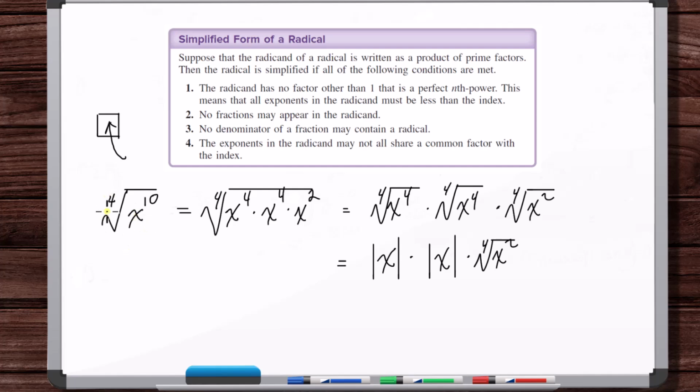But whenever you go to return the answer, you would say, just output what the person inputted. Well, then if you didn't have the absolute value, it could come out as negative. That's not correct. You're never going to have a negative value come out of a principal 4th root, a principal even root. That would make no sense. So you have to have this absolute value.